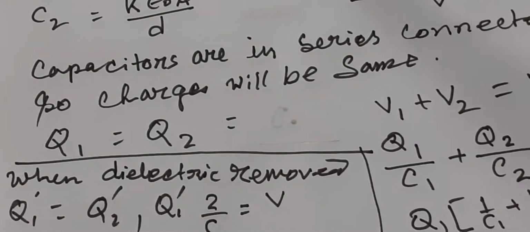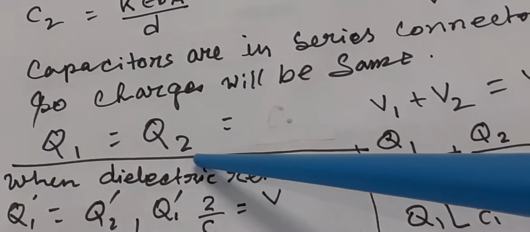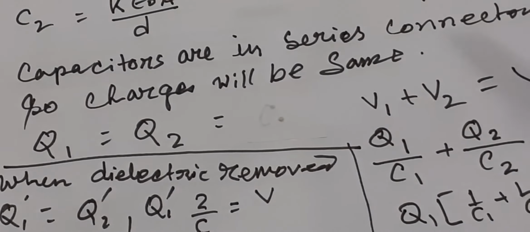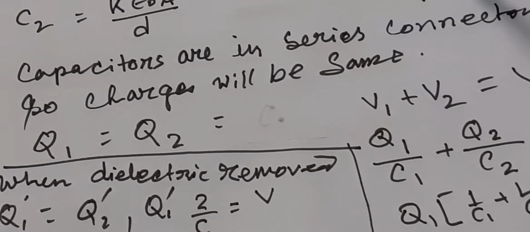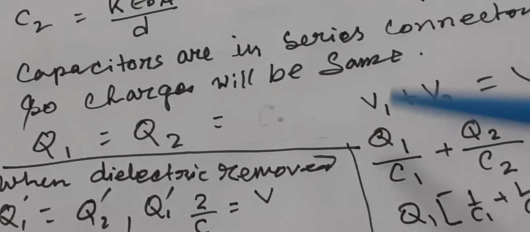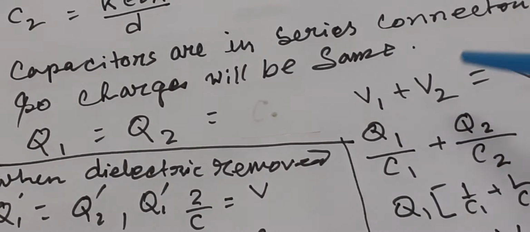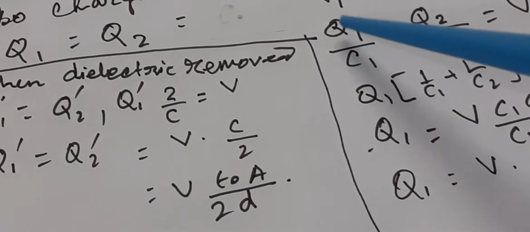Capacitors are in series connection, so the charge will be the same for both capacitors, Q1 and Q2. So the potential drop will be V1 plus V2 equal to V, the supply voltage. Instead of V1 we can write Q1 by C1, and instead of V2 we can write Q2 by C2, and Q1 and Q2 are both equal.